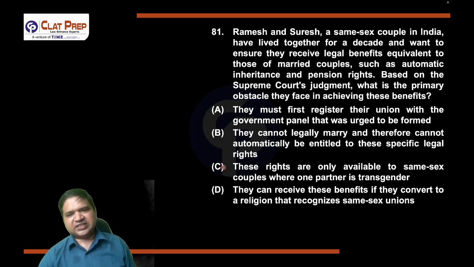So we will not go with C. They must first register their union with the government panel. Again, there is no requirement for registering in the government panel. So this again is not the correct option. B says yes, they cannot legally marry, therefore cannot automatically be entitled to inheritance, to pension rights. So B is the correct answer. That comprehensively answers this question.